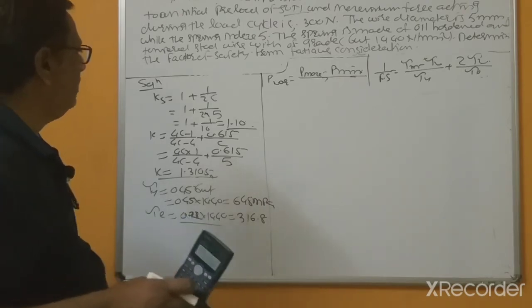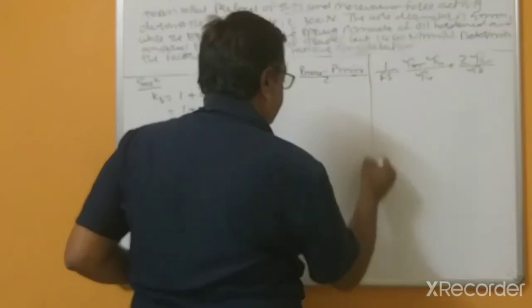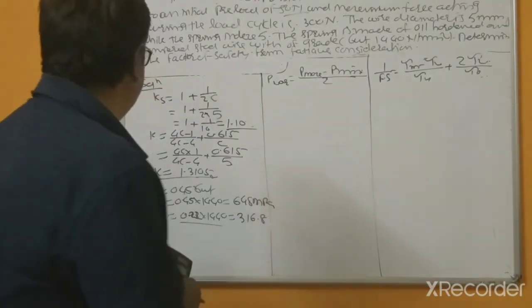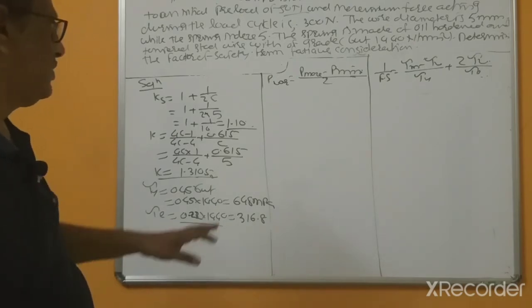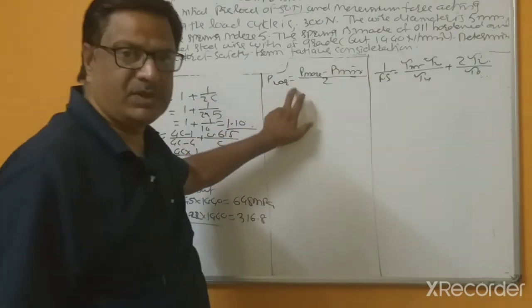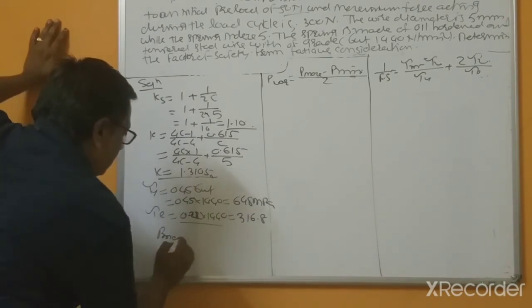So what is remaining? Are we making any mistake? This is correct. Yes, we have to find P mean and P variable.